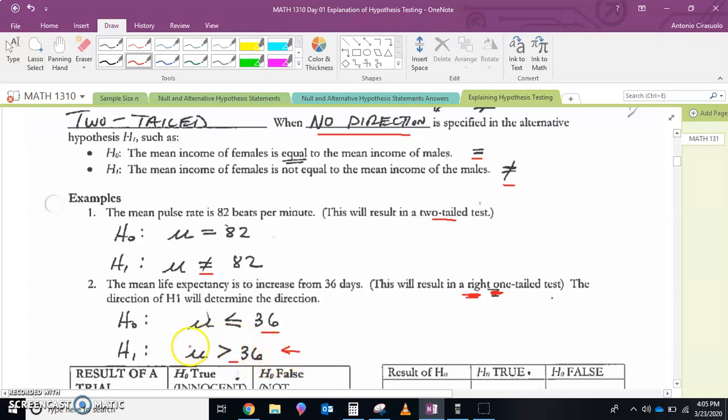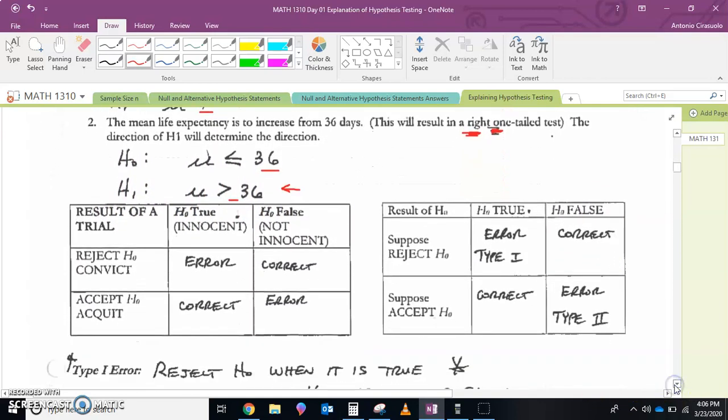So in this case, the direction actually is included in the alternative hypothesis. Now, in terms of the different scenarios we can have, suppose we had the situation where our hypothesis is true and the person is innocent. Suppose we're looking at a trial, or it's false and not innocent.